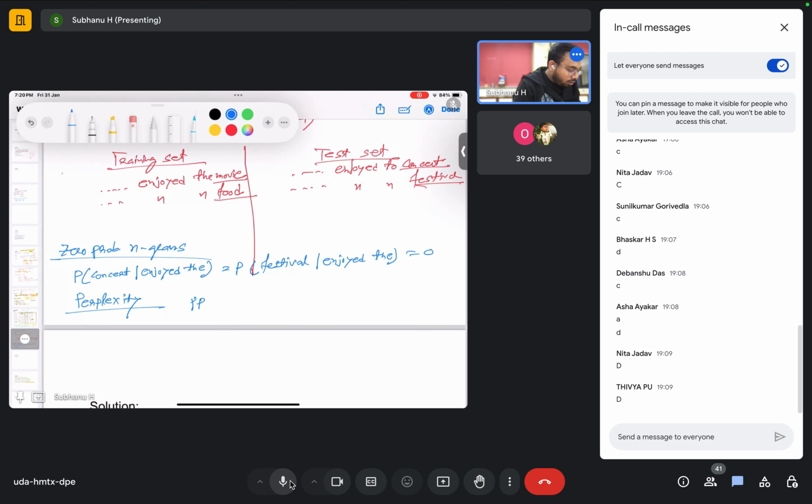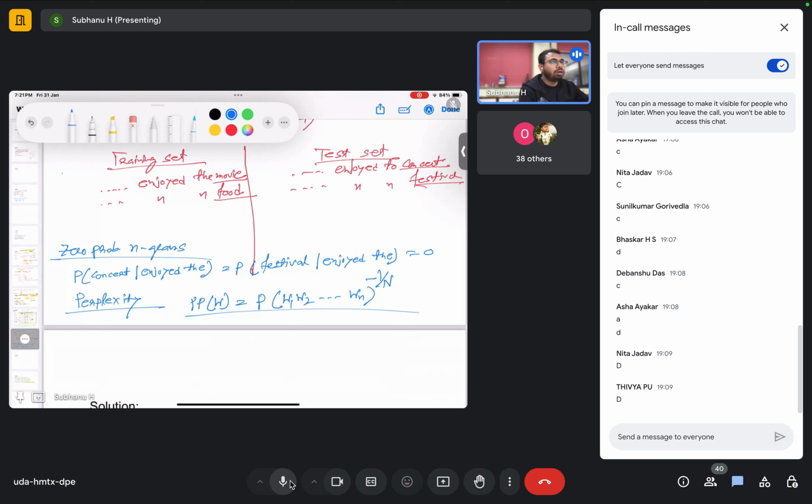Sir has written PP(W), perplexity of the word, is probability of W1, W2, ... Wn to the power minus 1 by n. Okay. So lower perplexity means better model. This perplexity has many applications.